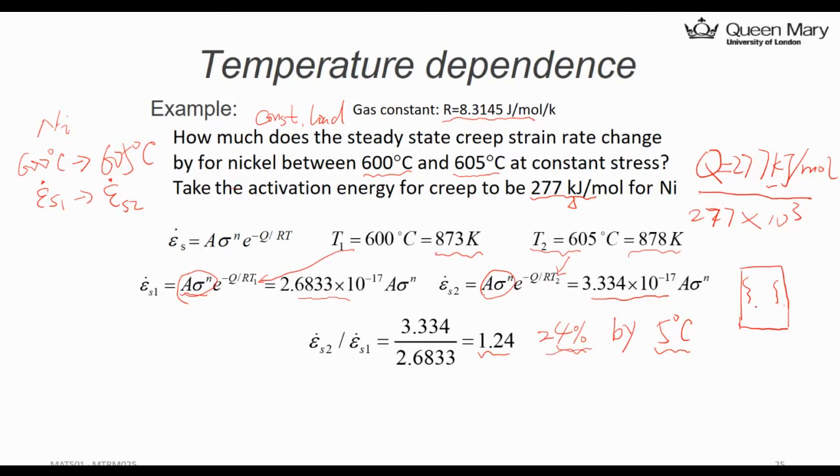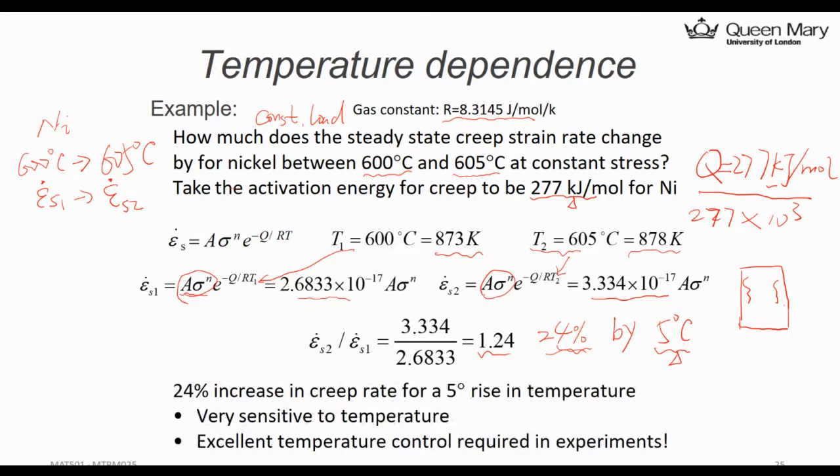So actually, when you want to do a very accurate creep test, you need to make sure you can keep the temperature constant. Okay, that's what I said here. Very sensitive to temperature. And so you need an excellent temperature control experiment.